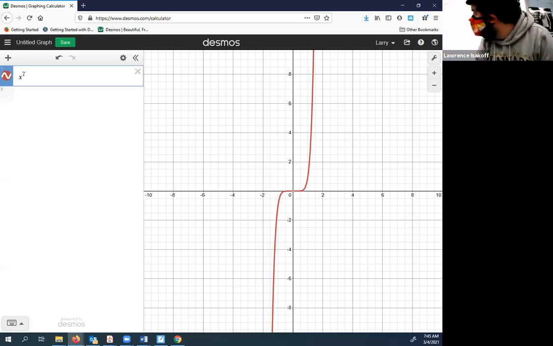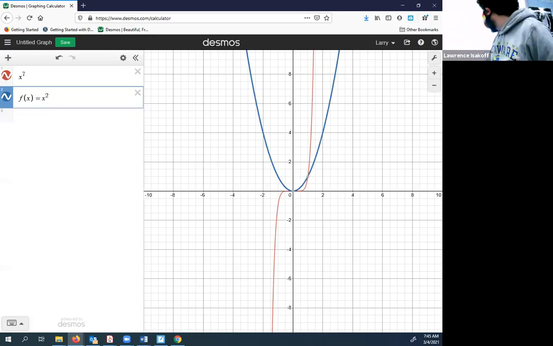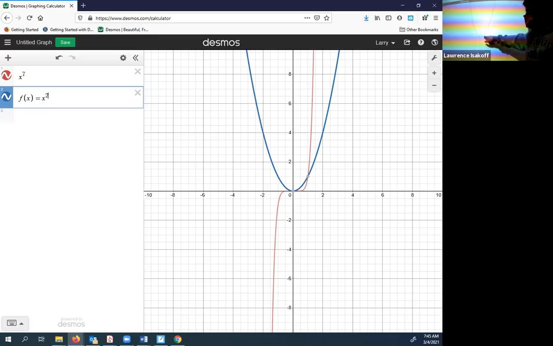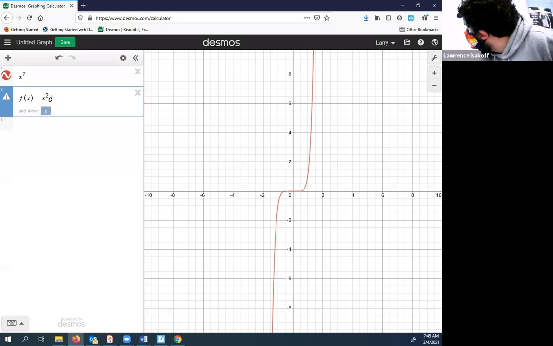But just to reinforce that, if I typed in f of x equals x squared, yeah, the blue graph doesn't look very much like the red. But if I type g of x is equal to x cubed, whoops, I did not put that in another line. That's going to cause issues for Desmos.